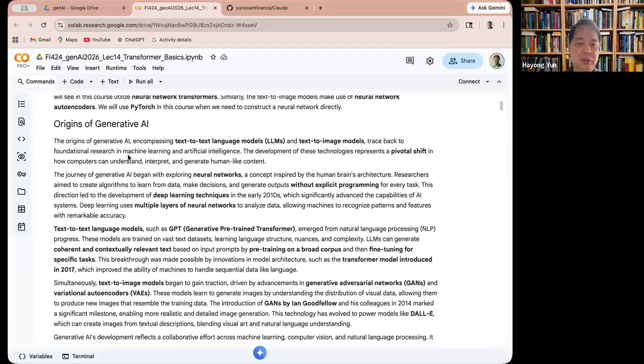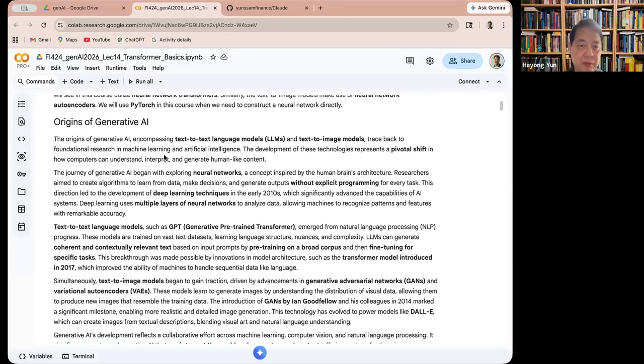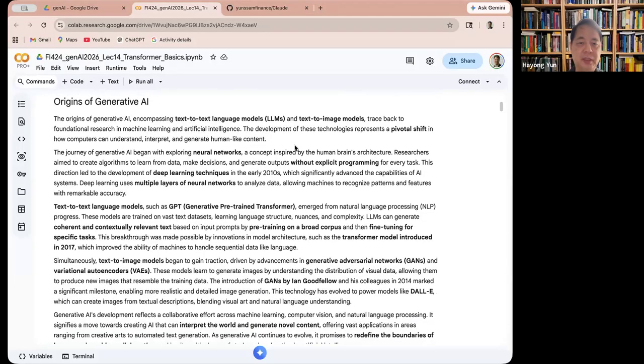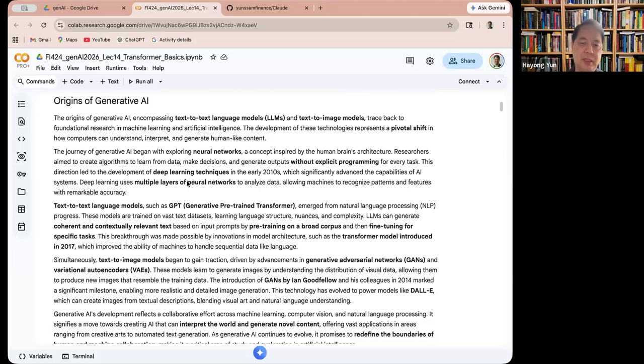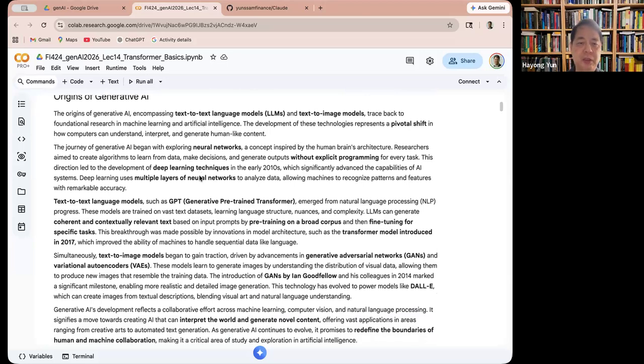It has a long history, from text-to-text language models or translations and these kinds of things. Deep learning basically supercharged these technologies.